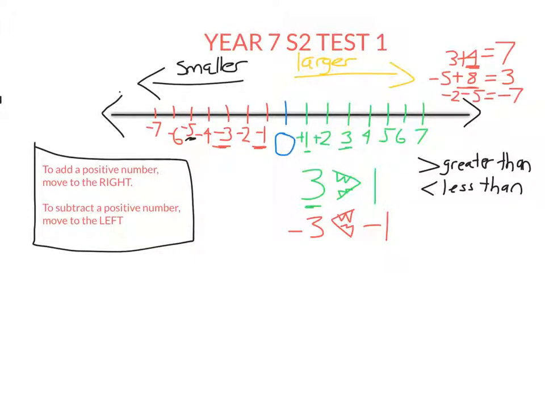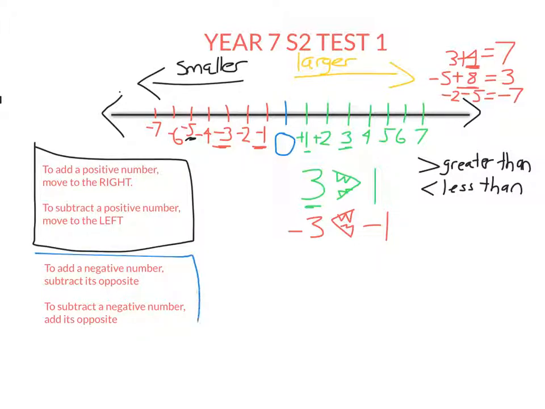So what about if we're adding or subtracting negative numbers? To add or subtract negatives, we're now going to use the rules in this box here, and then we're going to use the rules above. So just before we go into these rules and see how they work, we've got this word opposite here. The opposite of a number is a number with the same value but different sign.